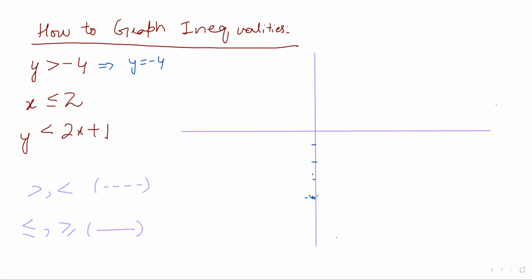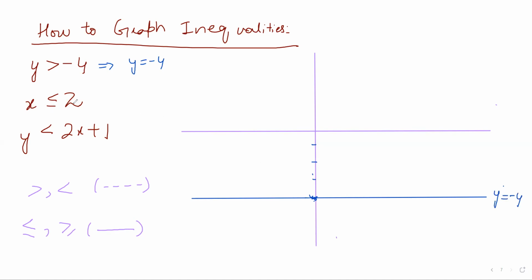Because y is -4, x must be 0. So x is 0 over here and y is -4 over here. So we will get a line over here, which represents y is equal to -4.